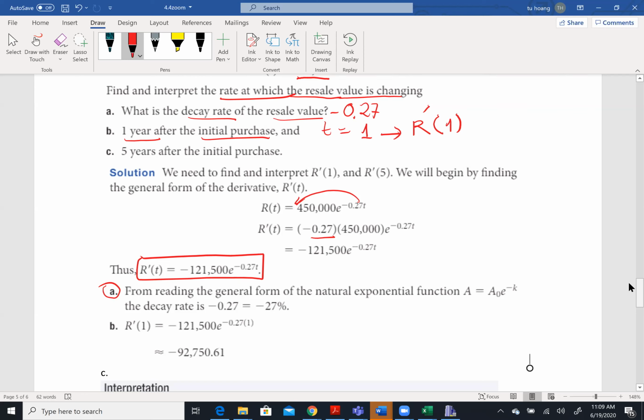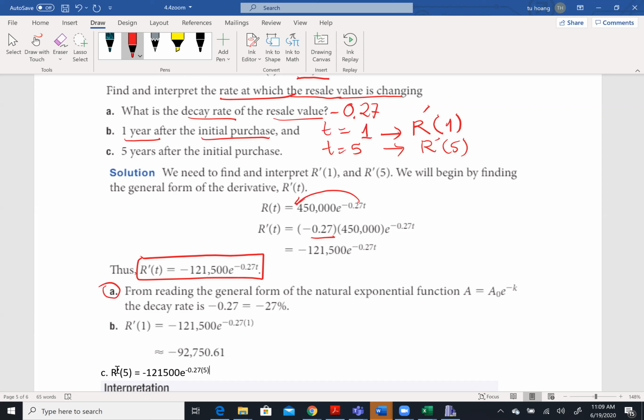And for C, okay, let's do C. It's 5 years after the initial purchase. That means t equals 5, right? And we are looking for R prime of 5. So R prime of 5 equals negative 121,500 times e to the power negative 0.27 times 5.